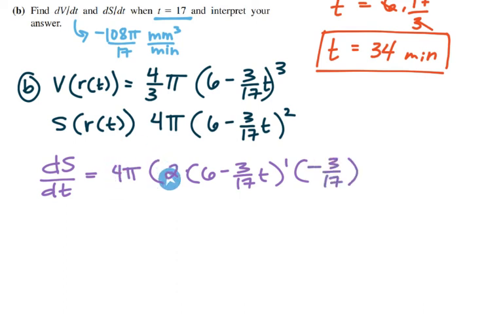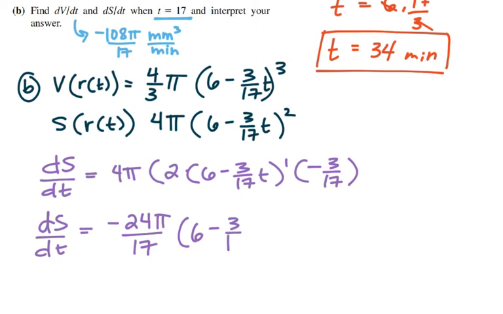So if I look at 4 times 2 times 3, we can say that dS/dt, 4 times 2 times 3, that's 8 times 3, we've got negative 24 pi over 17 times (6 minus 3 over 17 t) to the first. And of course, we do not need to write that to the first power.